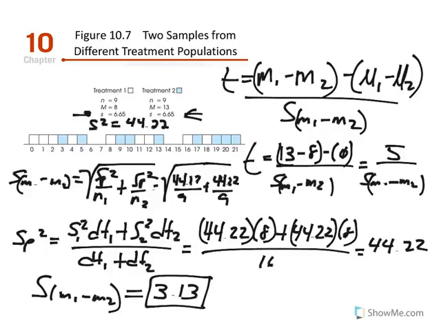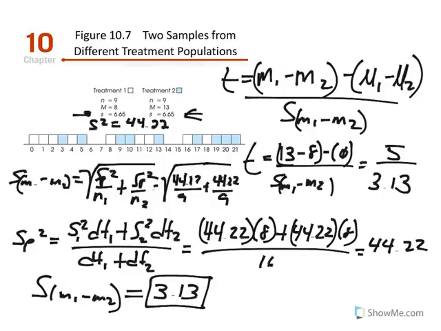And so now we can replace in our t equation the variable that represents variability, our standard error statistic, which we just calculated, and that's equal to 3.13. So notice the difference. In the previous example, if you recall, the estimated standard error was equal to 0.58.